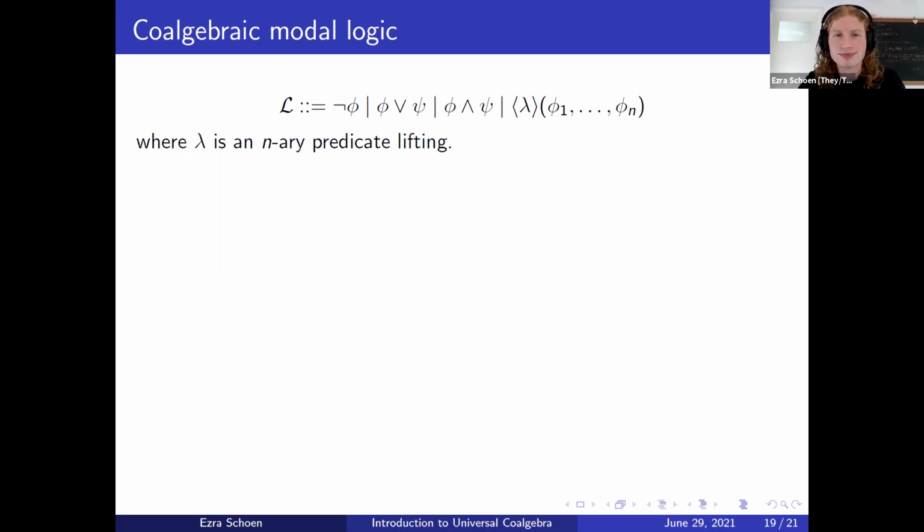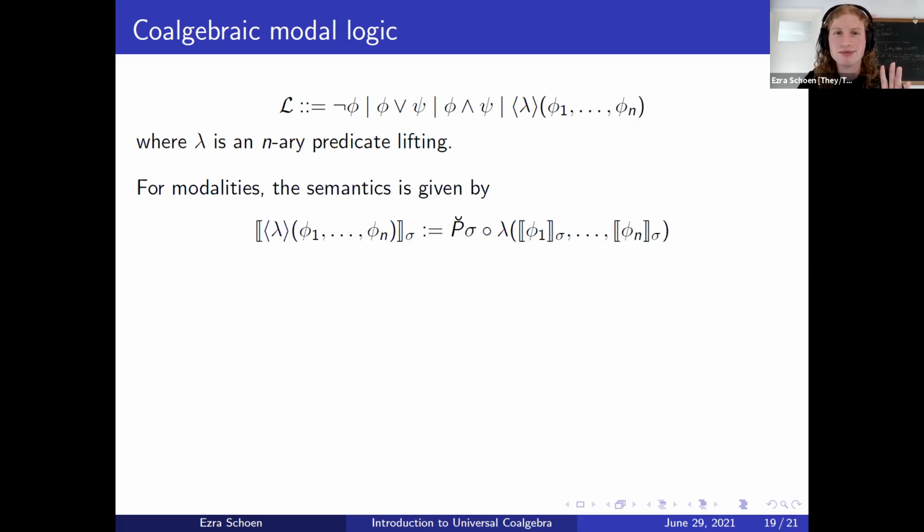Anyway, so this is our logic, and what's its semantics? Well, the semantics for the Booleans I'm going to skip, but for the modalities, if we have some coalgebra map sigma, then the interpretation of lambda of phi1 up to phi n in this coalgebra is given by the inverse image along sigma of the lambda of all of these extensions.